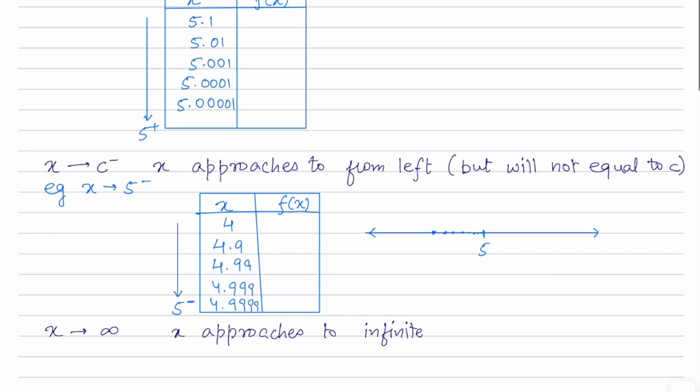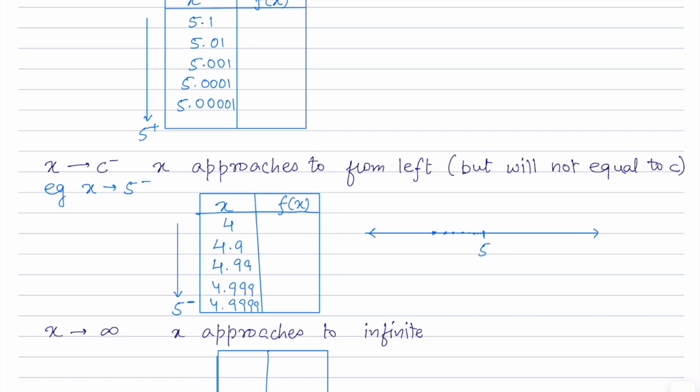So if you are checking the behavior of function when x is approaching to infinity, you can choose your x increasing without any bounds, like x equals 1000, 10,000 and so on.